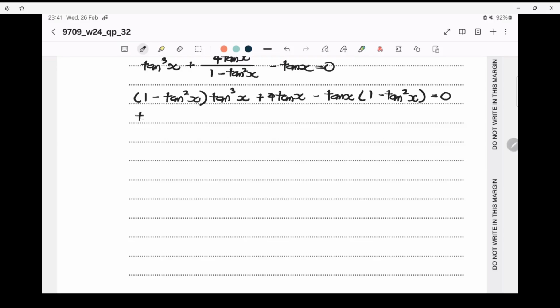So you will have tan^3 x minus tan^5 x plus 4 tan x minus tan x plus tan^3 x equals 0. Factorize out the tan x and simplify the equation. So you would have tan^4 x.